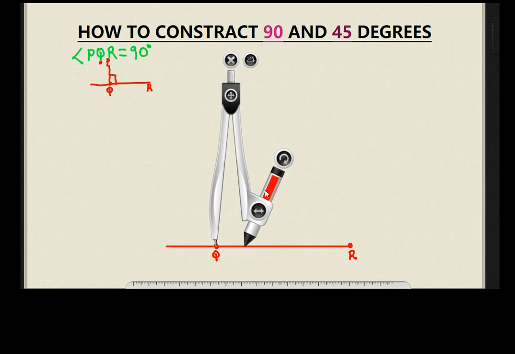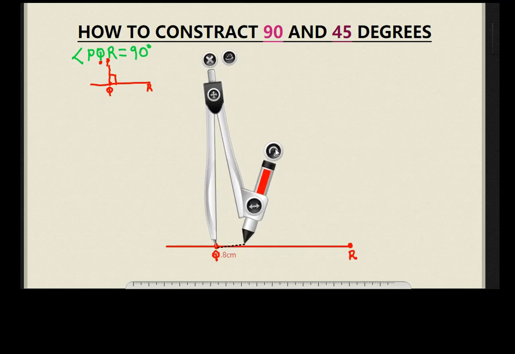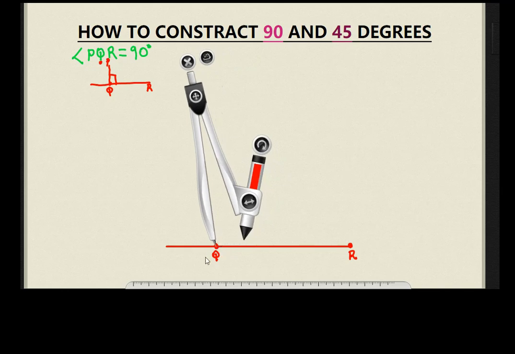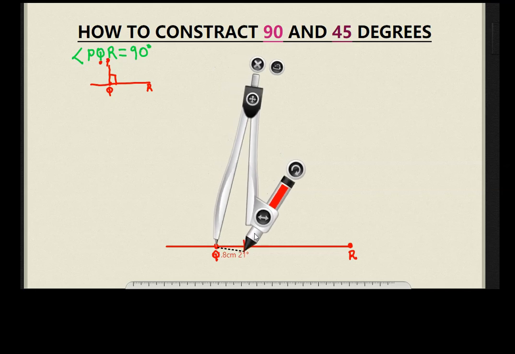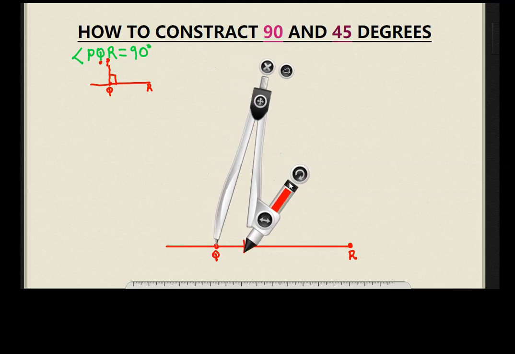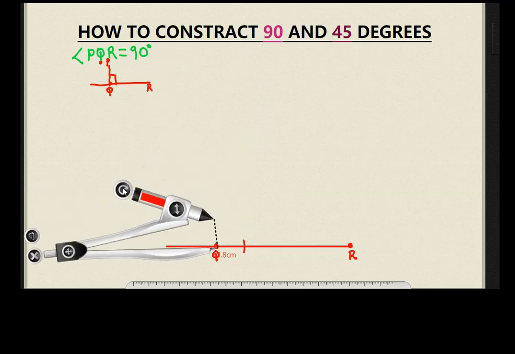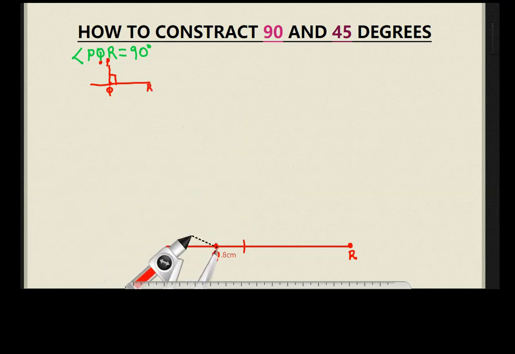That's enough. After I've done that, I'll draw an arc in front of Q and an arc behind Q. That's the first step. I'll draw an arc like this, and also without changing the radius again, I'll draw another arc behind Q, an arc like this.